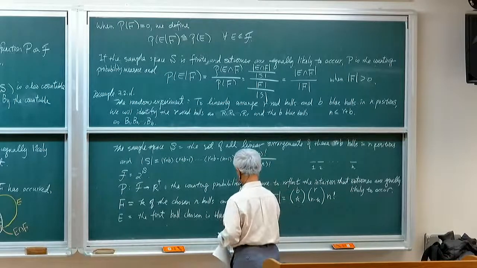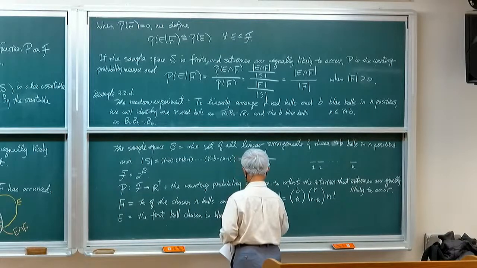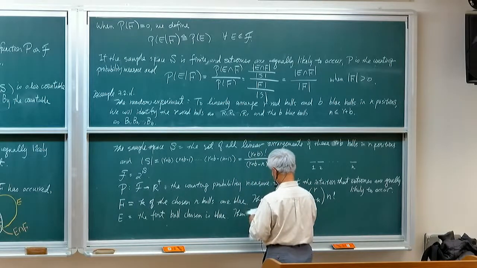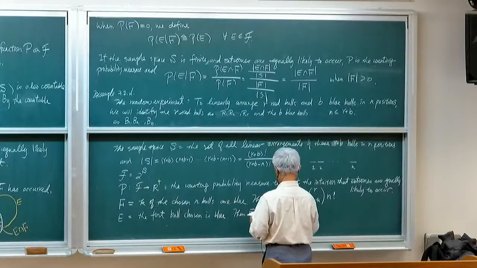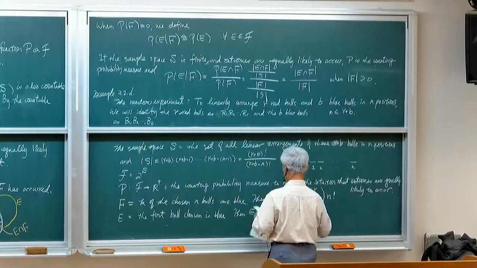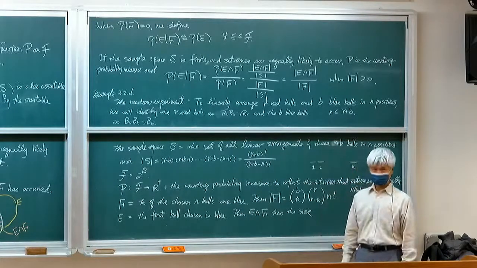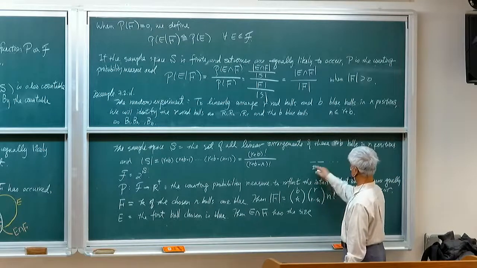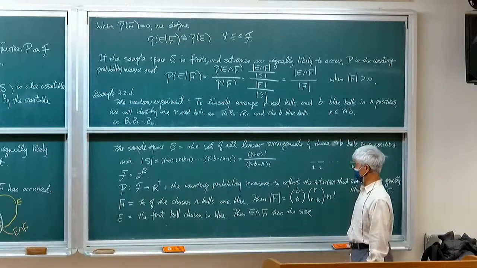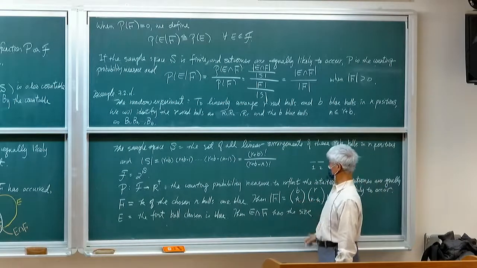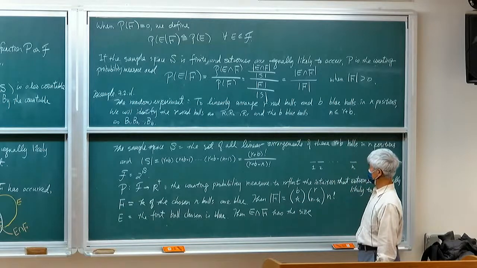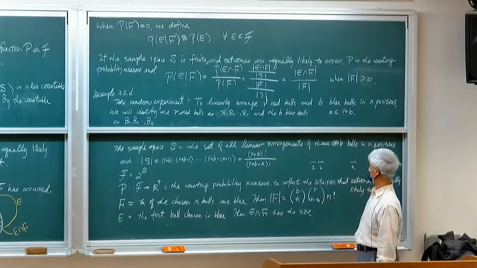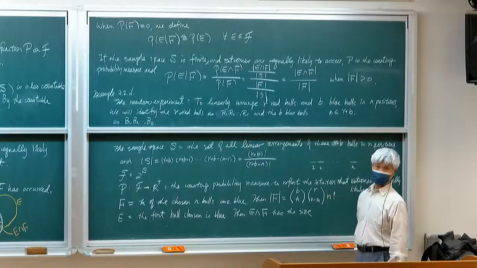And so then E intersect F has the size... So what is E intersect F? E intersect F is that in the linear arrangement, there are exactly K blue balls, and the first ball here is blue.